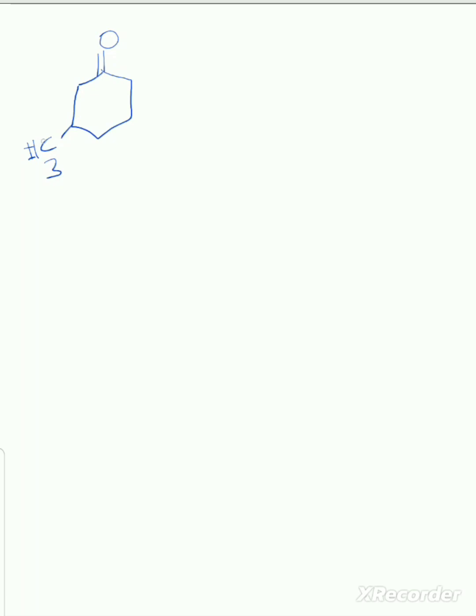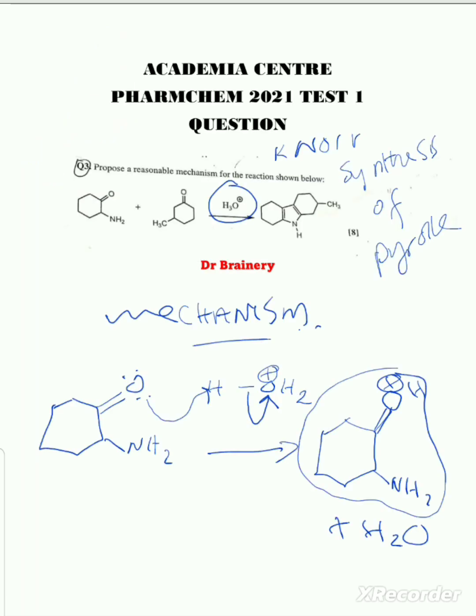The enolate ion is the one that is going to attack the carbon that bears the OH, which is the protonated one. So what we are going to do is to see the orientation and how the reaction will be.